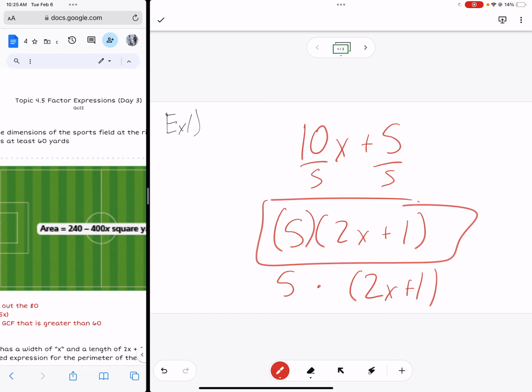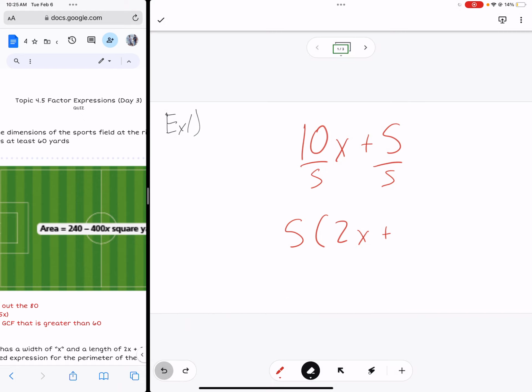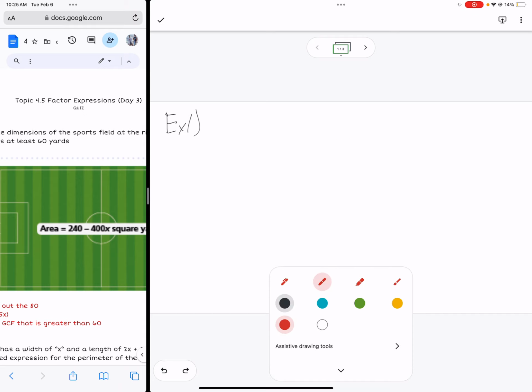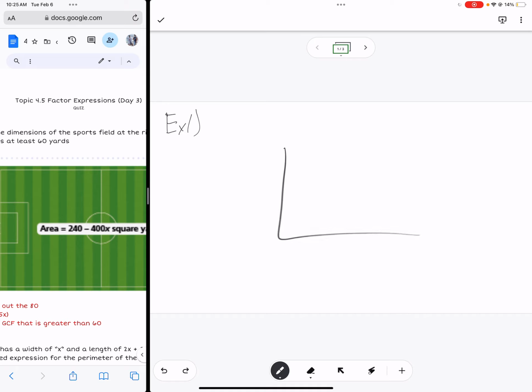So when you factor, you are doing the opposite of multiplication. You are dividing. So if I take our problem here, for example, 1, we have a soccer field. And this soccer field has an area of 240 minus 400x. All right, so our area is an expression. And then you have your length and you have your width.